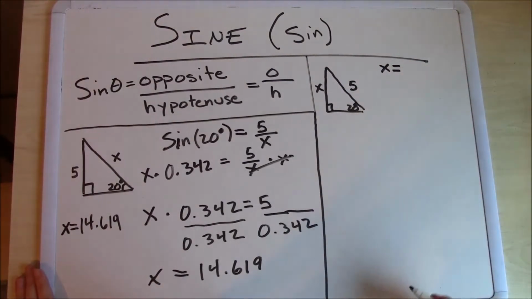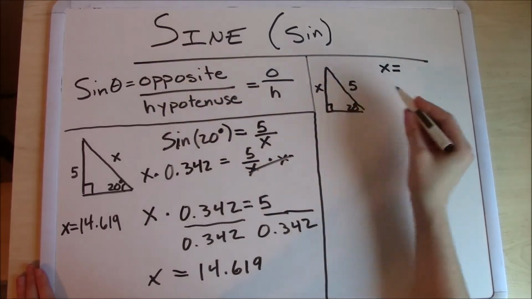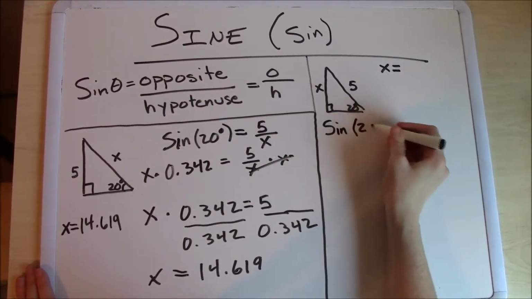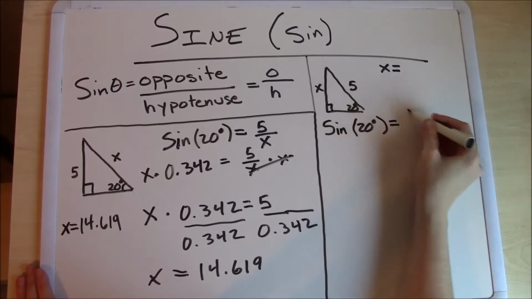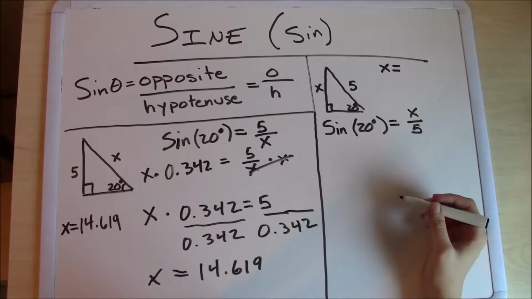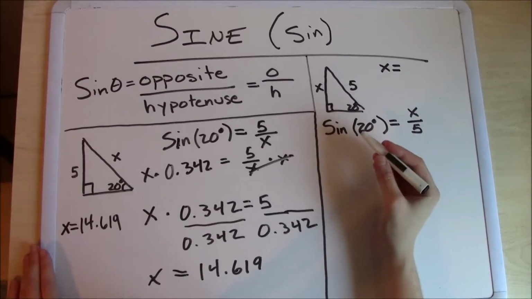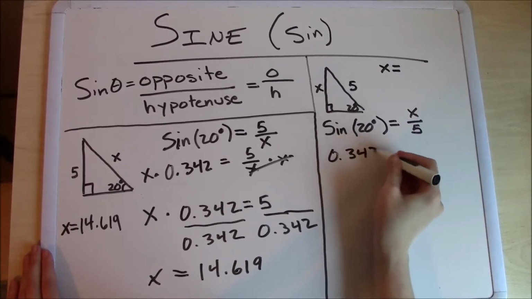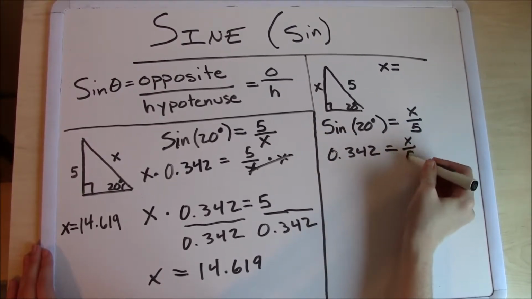So we're literally going to do the same thing. We're going to plug in our values. So we're going to get sine of 20 degrees equals x over 5. Then we're going to see what sine of 20 degrees is, which is 0.342 equals x over 5.